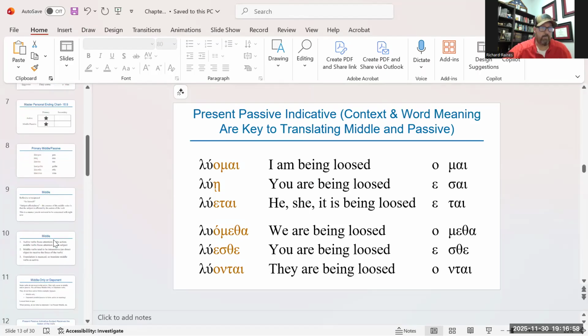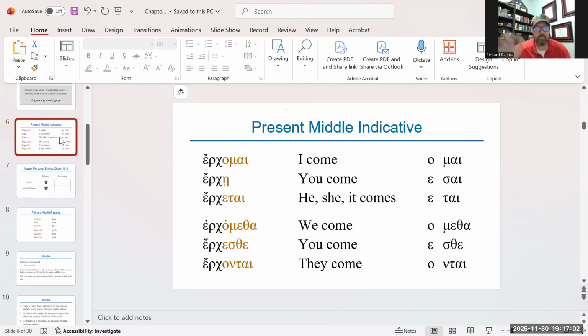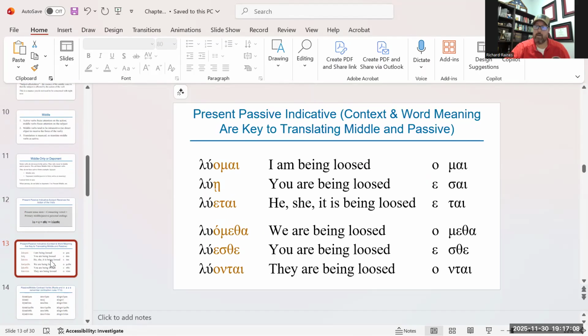Whereas erchomai, I come, in the active, you can see in the passive, luomai, I am being loosed. So it is in the passive that there is action being taken against the subject. Lue, second person singular, you are being loosed.